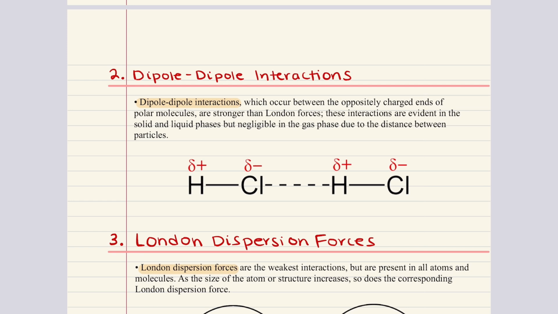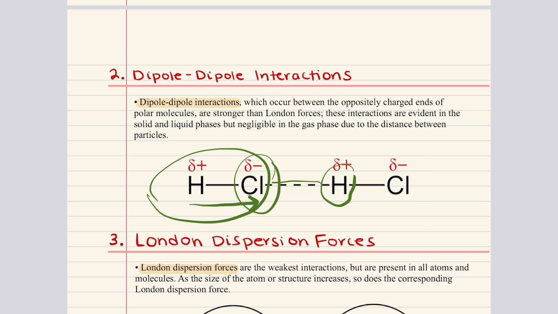But you can see here we have HCl, and the hydrogen atom in one hydrochloric acid can interact with the chlorine atom of another, and that's because there is a dipole in this HCl bond right here, because chlorine is way more electronegative. It has a partial negative charge, hydrogen has a partial positive charge, and therefore these interactions can happen.